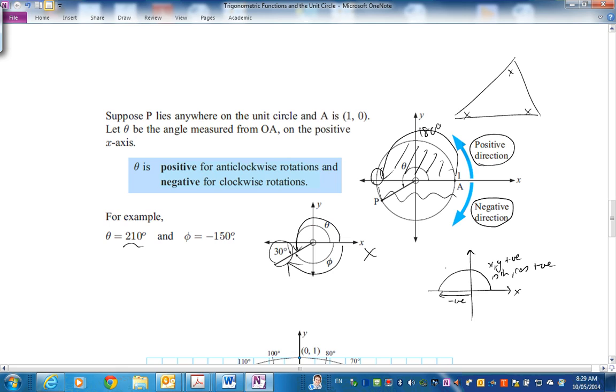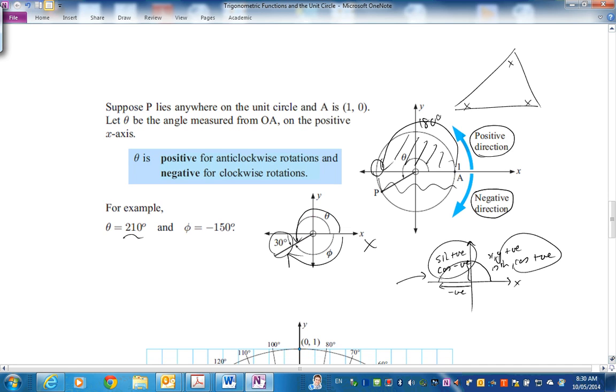Negative x. So sine is still positive, that's the y value, but cosine is negative. So you get different patterns of pluses and minuses as you go around the quadrant. So we'll only be looking at those that relate to a triangle where the angles must be less than 180.